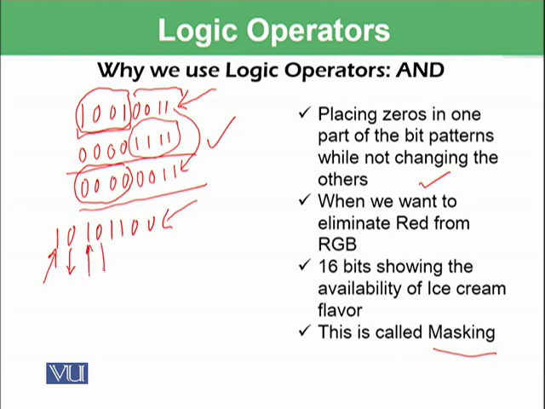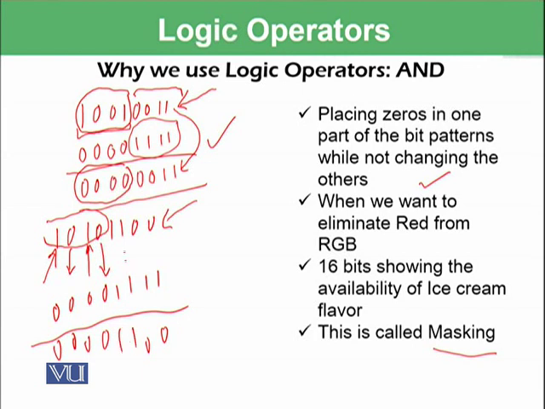Suppose our first 4 flavors are finishing, then you will AND it with 0 0 0 0 1 1 1 1. This makes the initial 4 bits 0, and the next 4 bits remain unchanged.